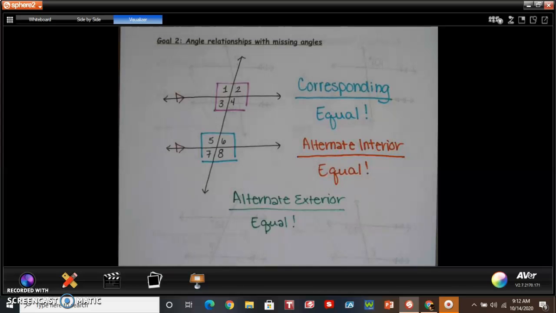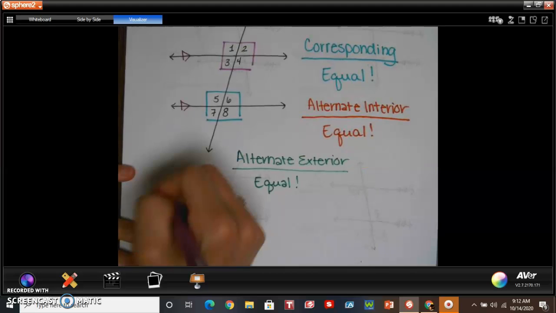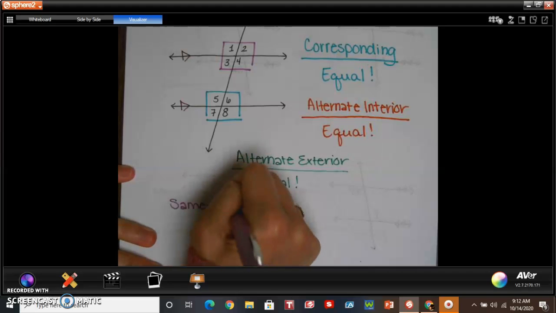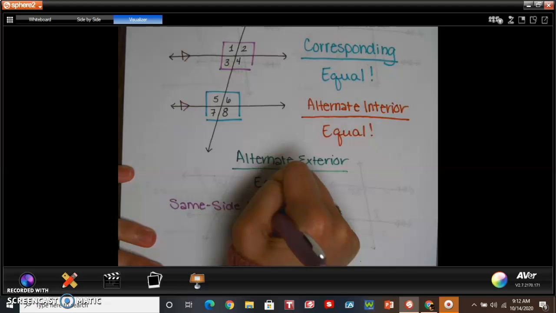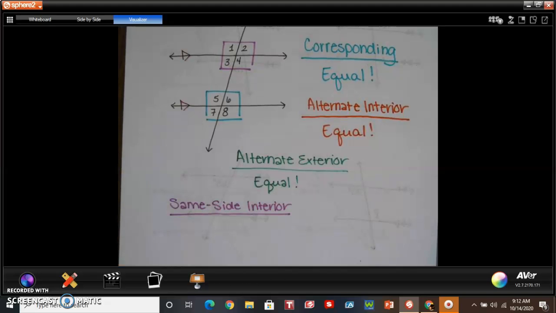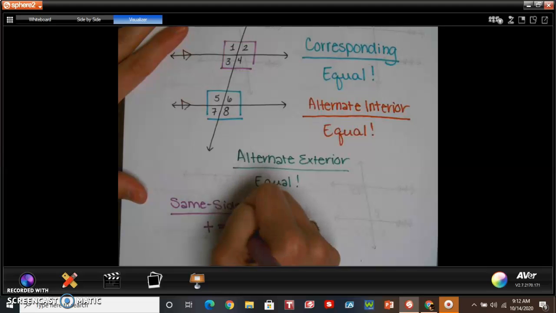Yay! But of course, our same side interiors have to be a little complicated, but not too complicated. So same side interior, whenever they are parallel, they're going to be supplementary. Well, what does that mean, Miss Nelson? That means they're going to add to equal 180.